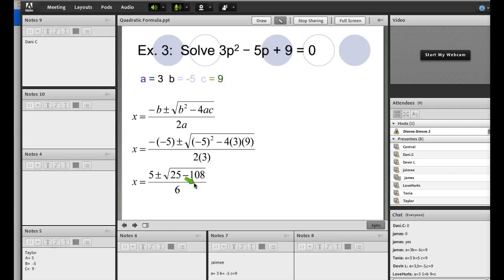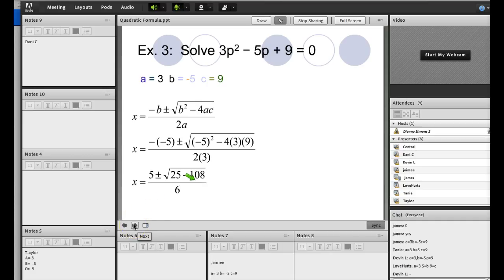A positive or a negative number? Negative number. People over here are answering. Yes, exactly. So if you get a negative number, again, do not look at the square root, just at those numbers under there. That means that your roots are going to be imaginary.